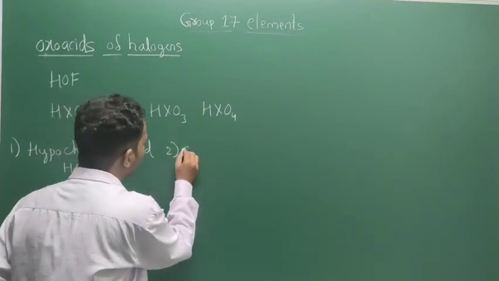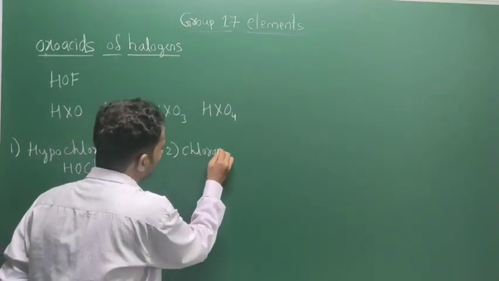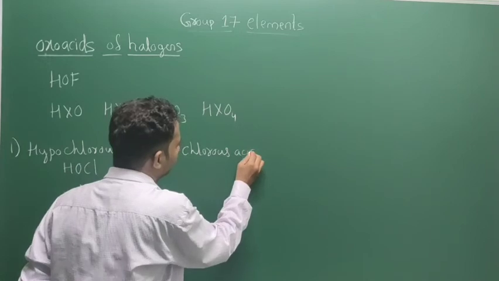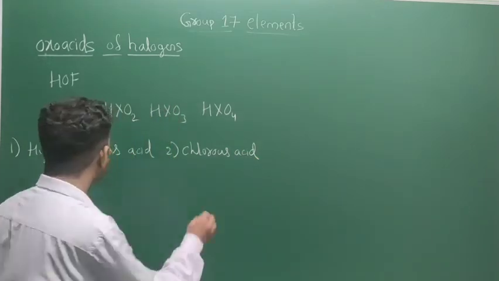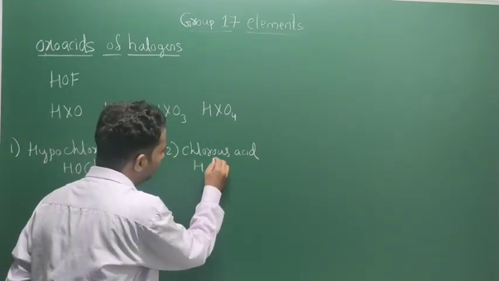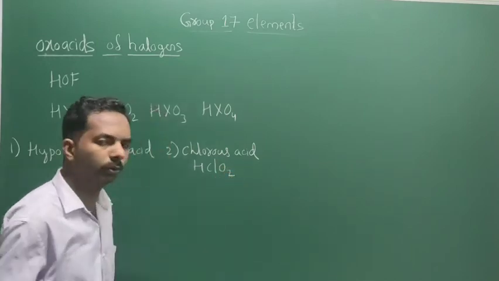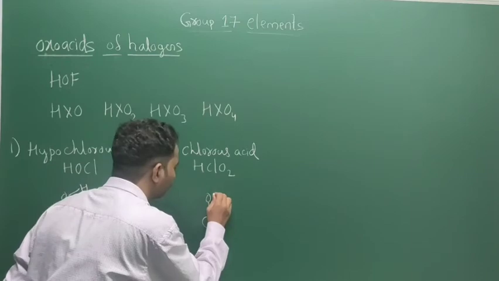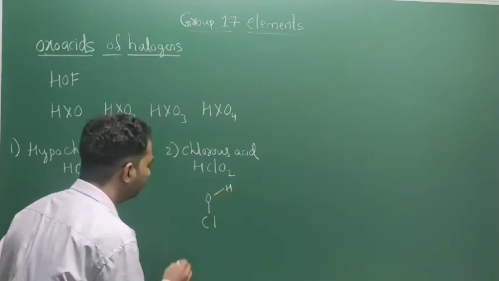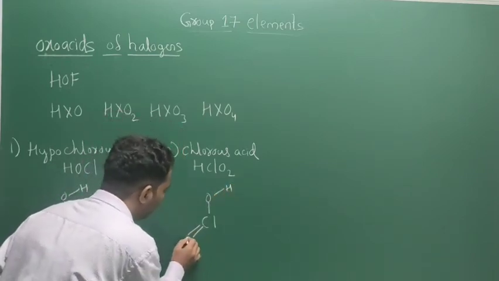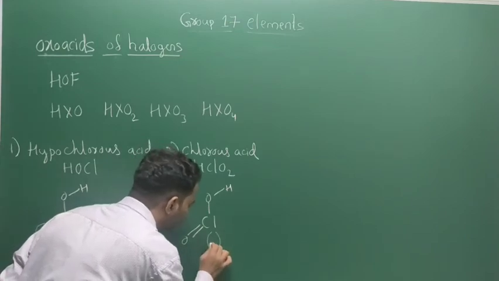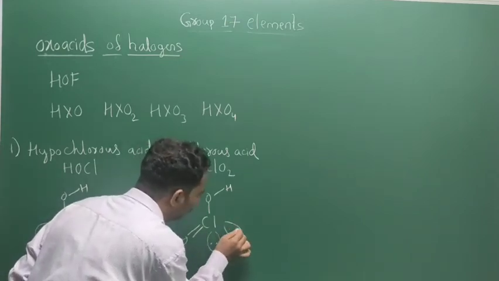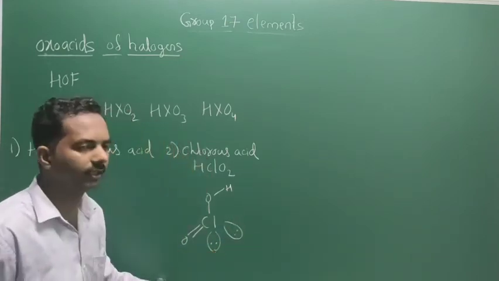Second one, chlorous acid. Formula HClO2. So the structure is Cl-OH, double bond O, containing 2 lone pairs of electrons.